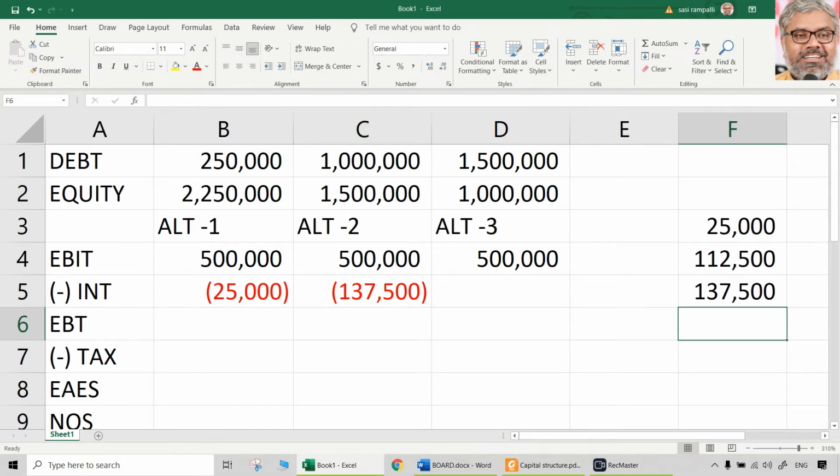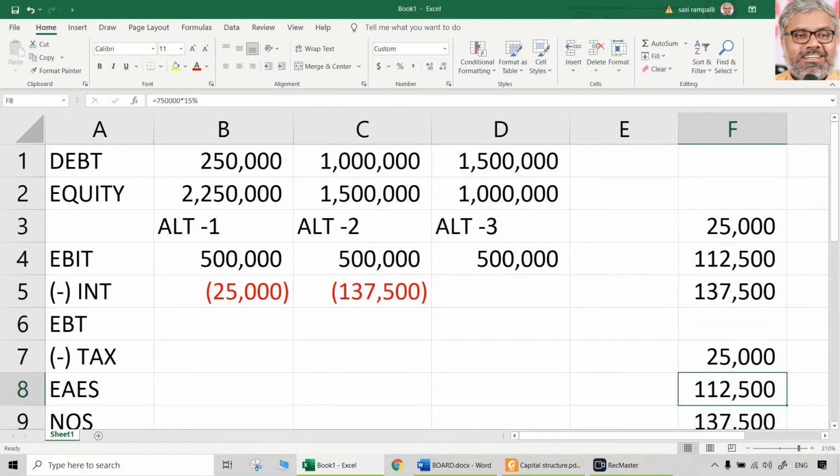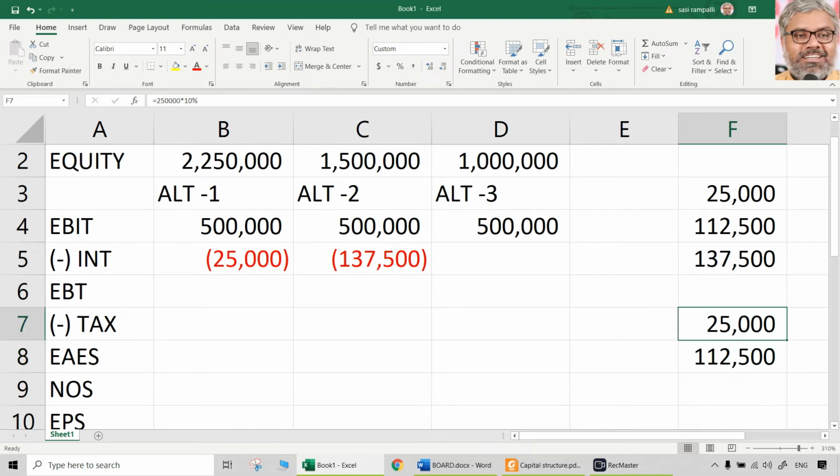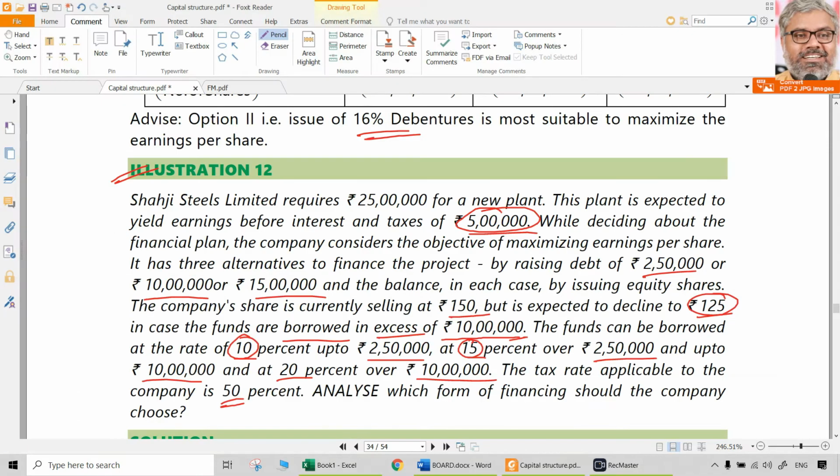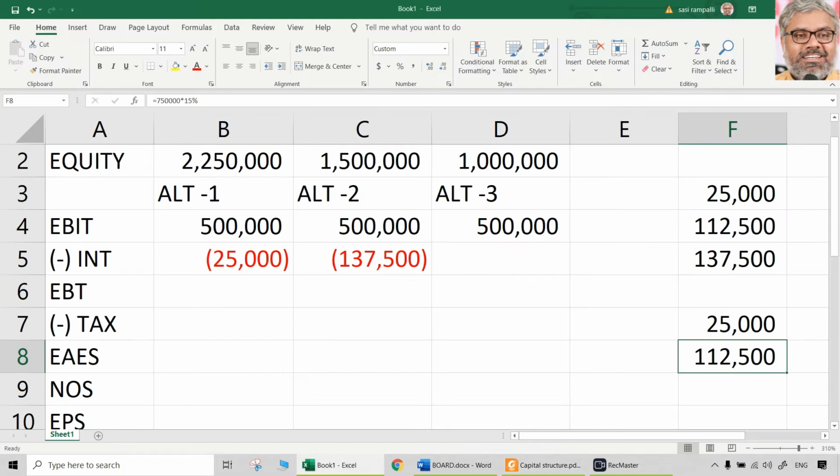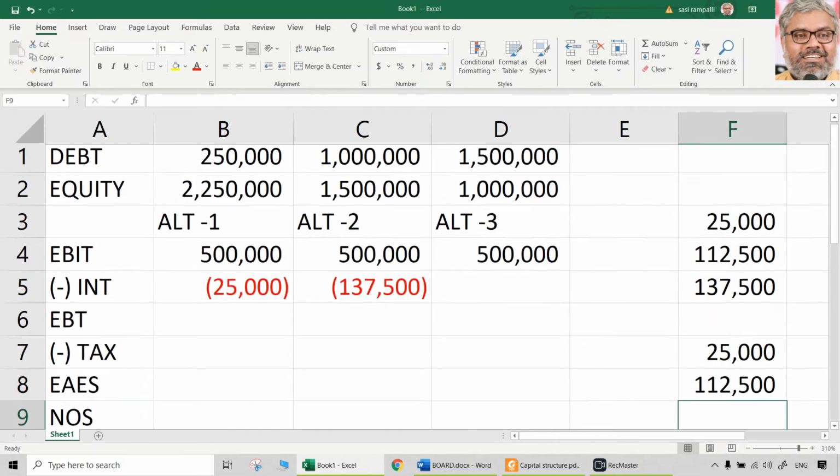Then coming to alternate 3, there also interest can be calculated, but here there will be 3 different slabs. One more slab is there. So up to 2,50,000, 10%. Anyway, then between 2,50,000 to 10 lakhs means 7,50,000, on that 15%. But how much debt is required?